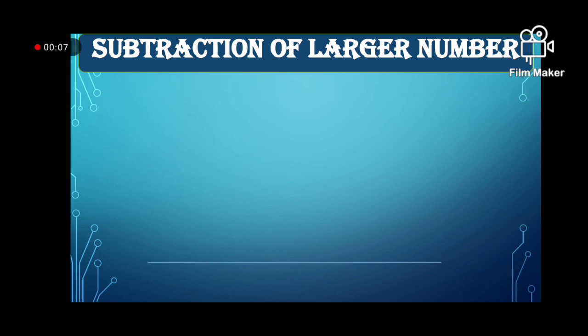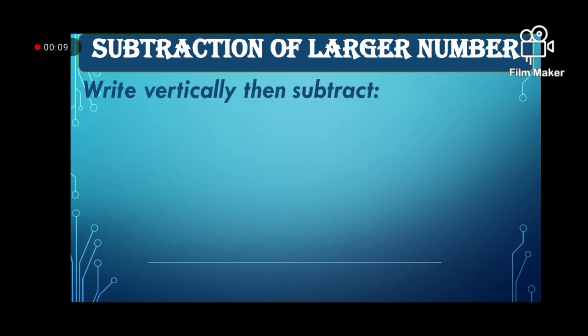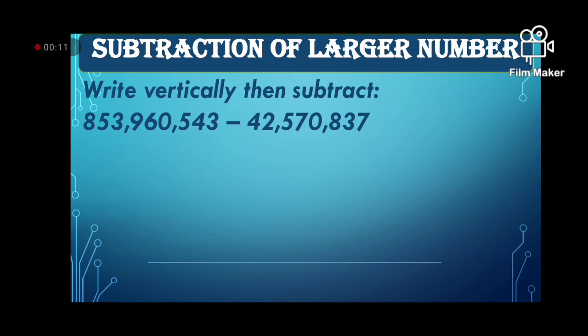in vertical form. Now write vertically, then subtract. That numbers are 853,960,543, 42,570,837.